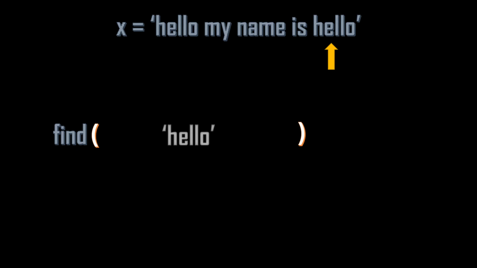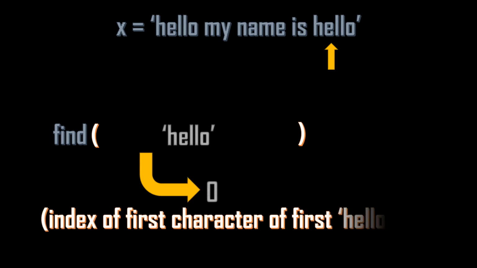Due to this, it's going to start looking inside the string x from the 0 index and is going to find hello at the 0 index only, and it's going to give the output 0. And yes, of course, the 0 is the index of first character of first hello in x.